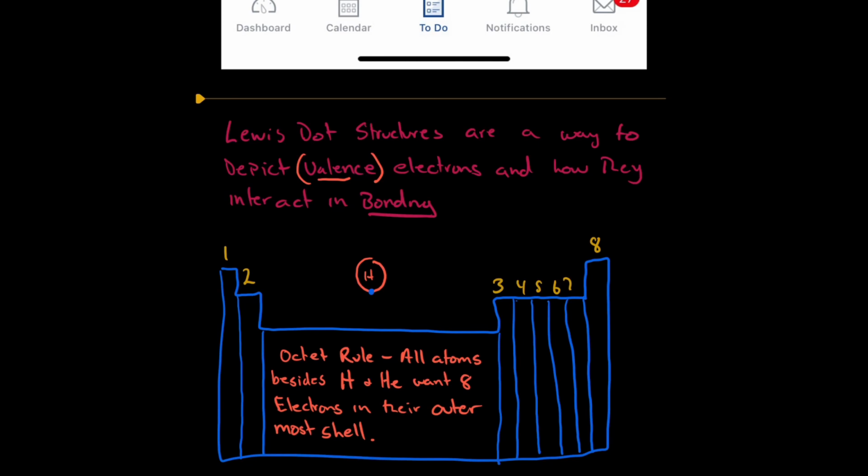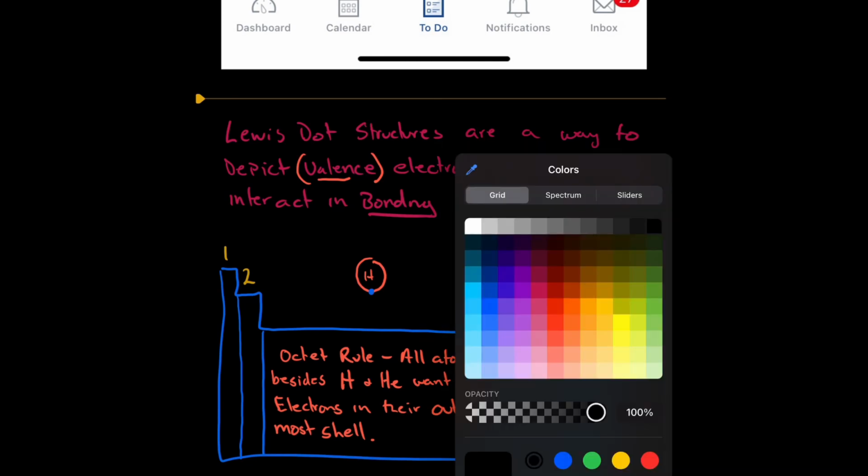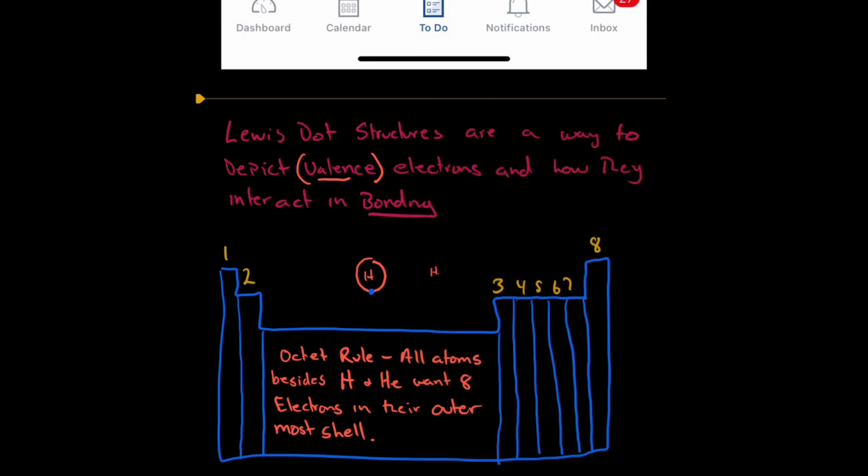The same with helium. Helium has that one energy level, but it has two valence electrons. That's the outermost shell because it's in that first energy level.